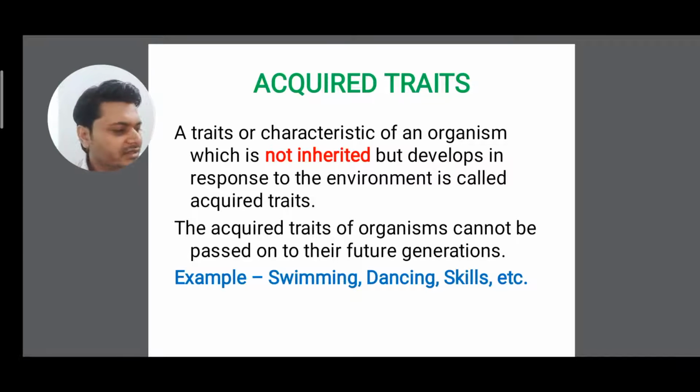So acquired traits are learned traits, skill traits that are developed after birth. Like swimming, dancing, martial arts. Any other skills are acquired traits, and these are not transferred from parents to offspring. These are not hereditary. They are learned, acquired by their own efforts after birth.